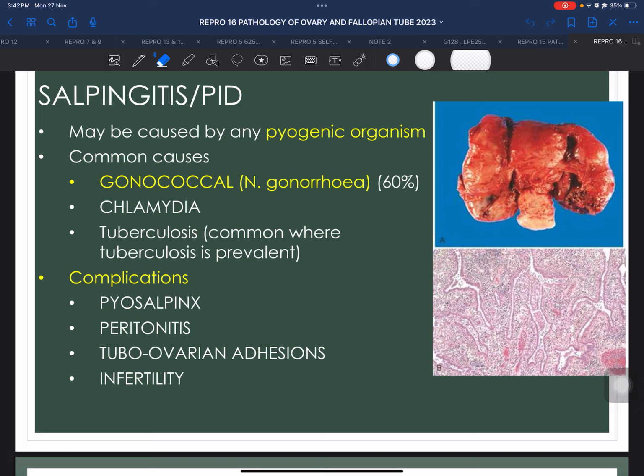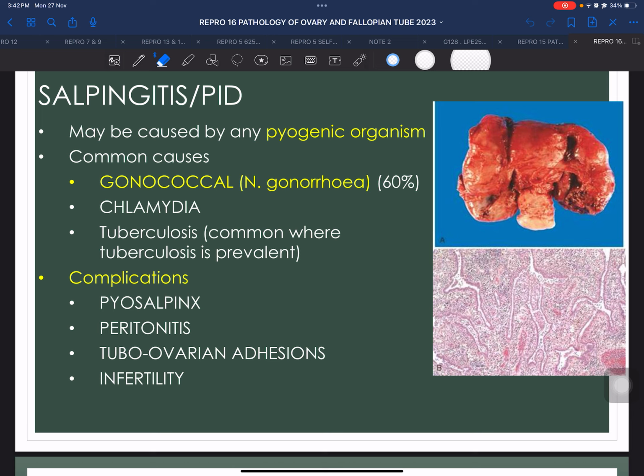So the non-gonococcal causes are the major cause now. So they can be caused by the chlamydia organism, Mycoplasma hominis, by the coliforms, and in the postpartum setting they can be caused by streptococci or staphylococci. Okay, so the infections can be caused by that.